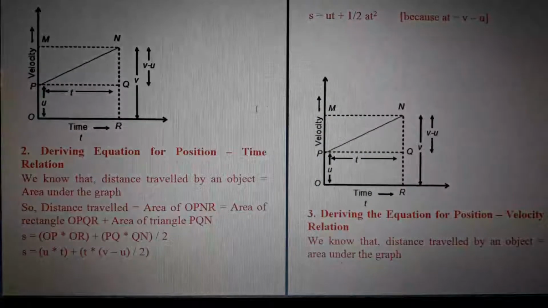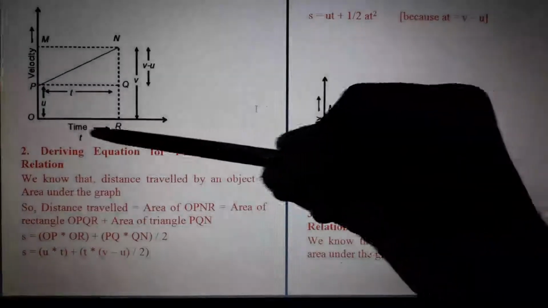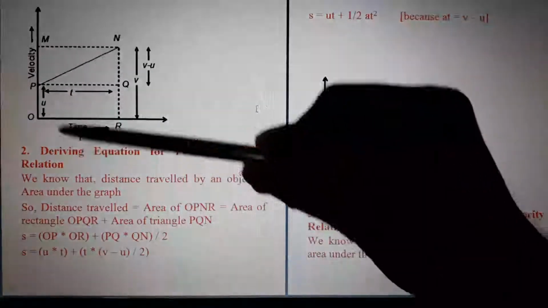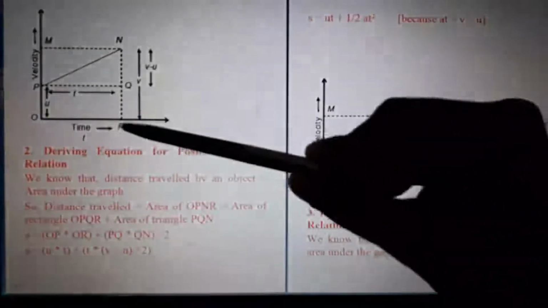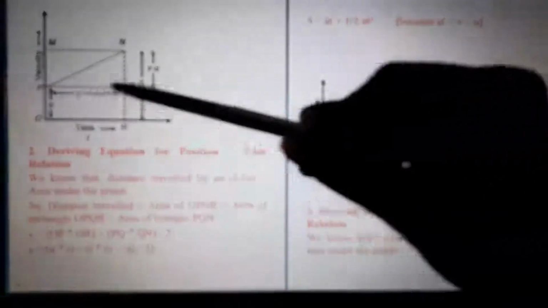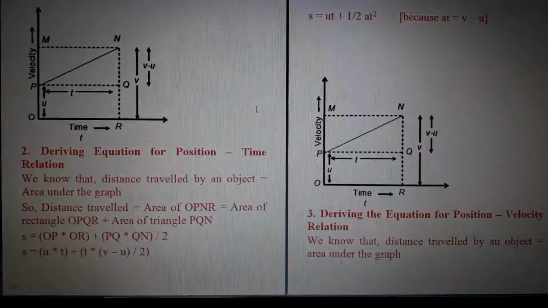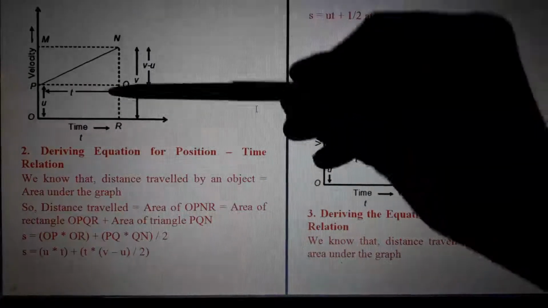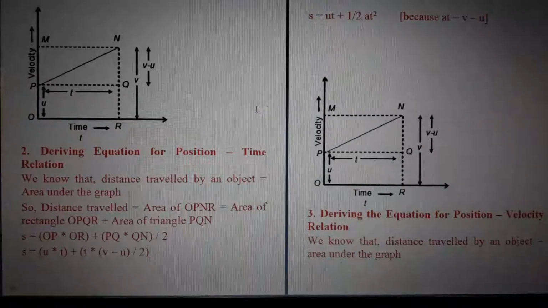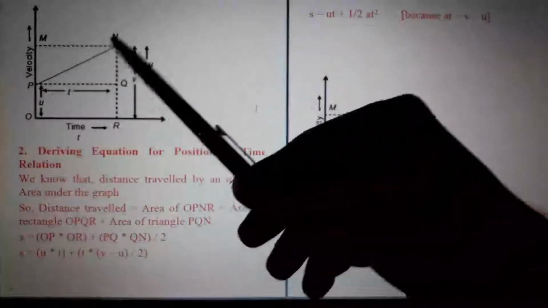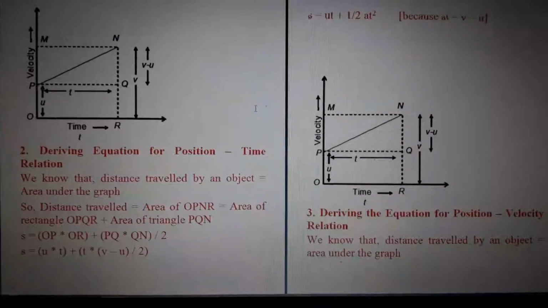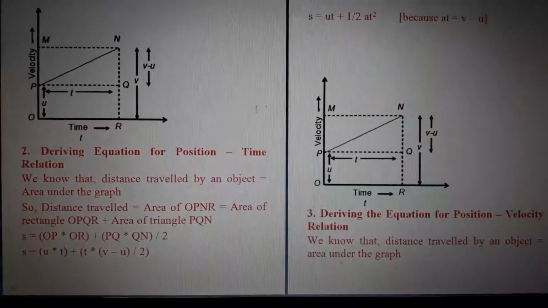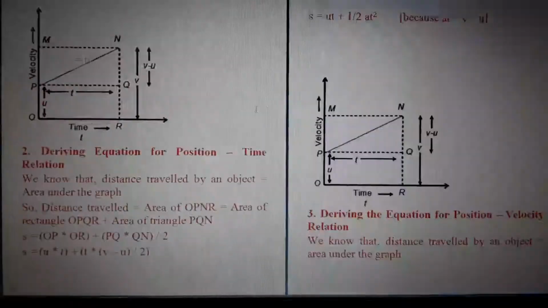We have the values of OP, which is U. We have the values of RQ, which is also U. We have the values of OR, which is T. We have the values of PQ, that is also T. We have the values of NQ, which is V minus U. But we don't have the value of PN. Directly, do we have the value of PN? No, we don't. And we don't know the area of this entire part.